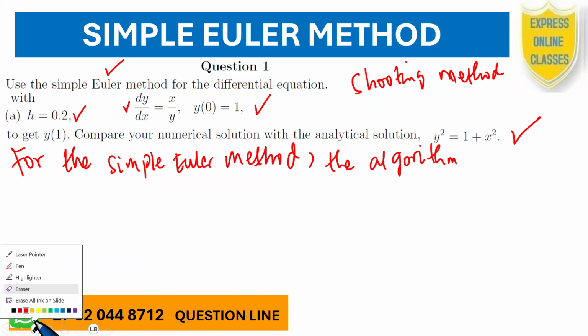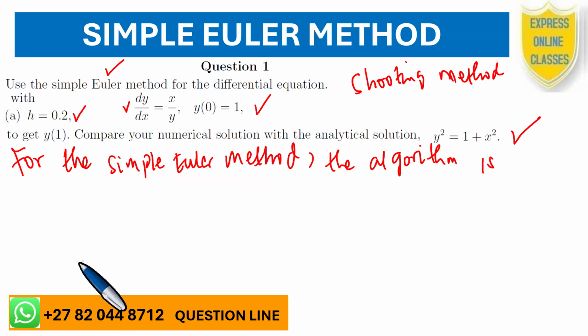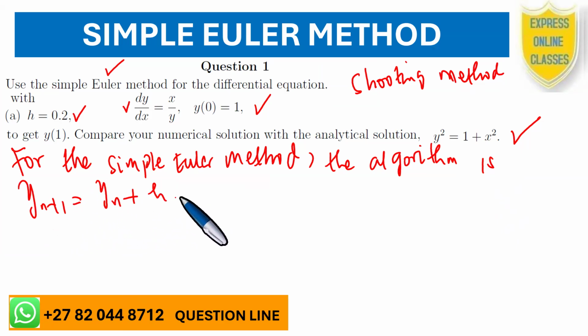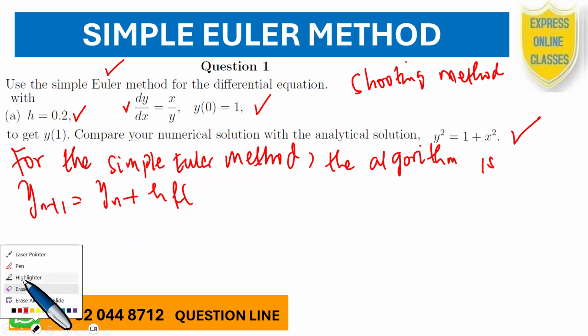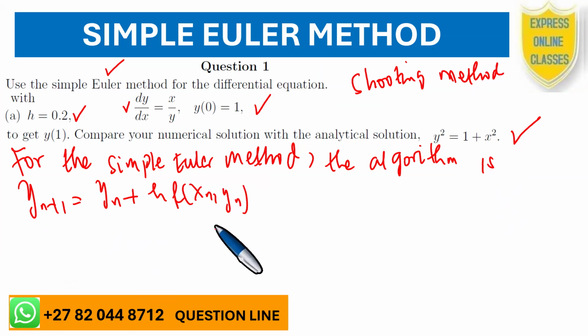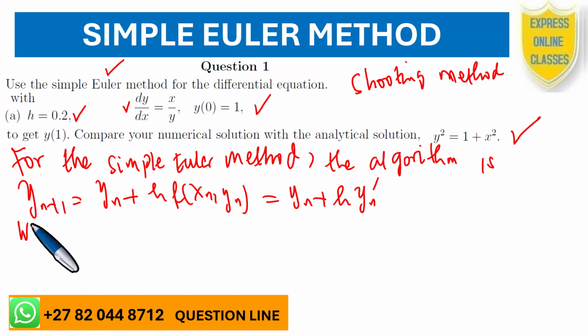What is the algorithm? y sub n plus 1 is always y sub n plus h f of x n, y n, where y prime of x0 is f of x0, y0. We are looking at the fact that y0 is 1, which is the initial value.